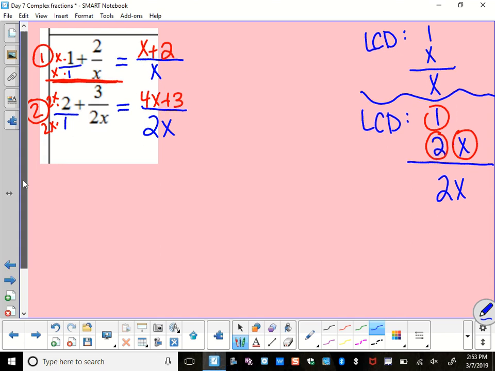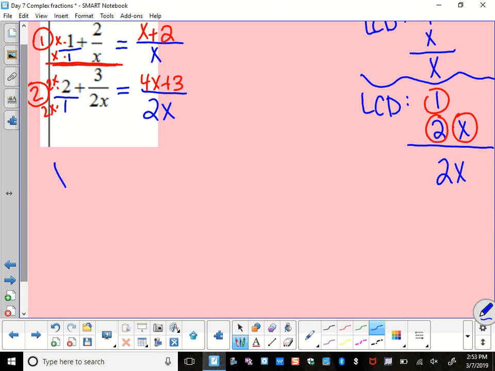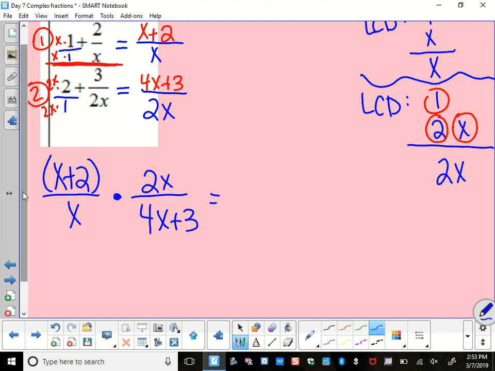For the sake of time, I am going to skip the rewriting part and get right to my keep, change, flip. I keep my first fraction, I change my sign, and I flip my second. So 2x goes on top, 4x plus 3 is on the bottom.